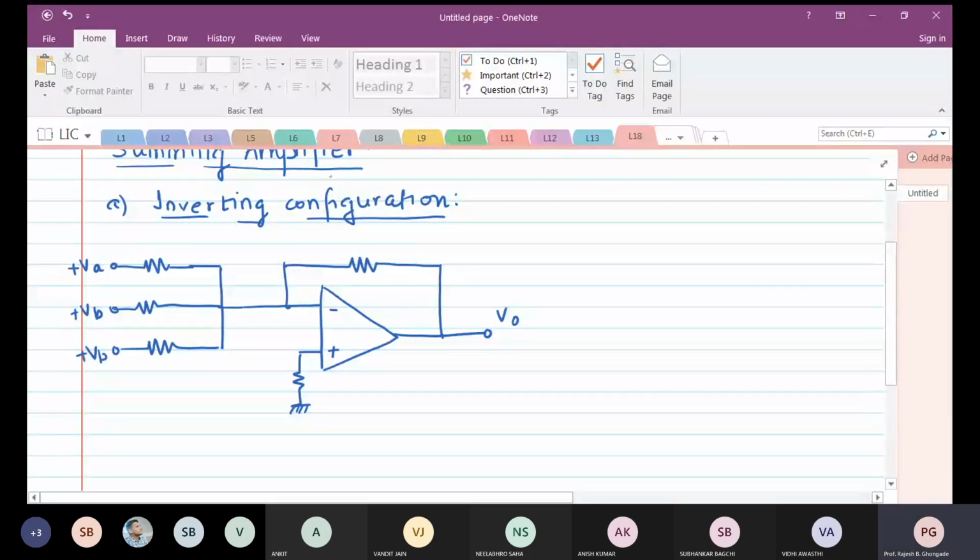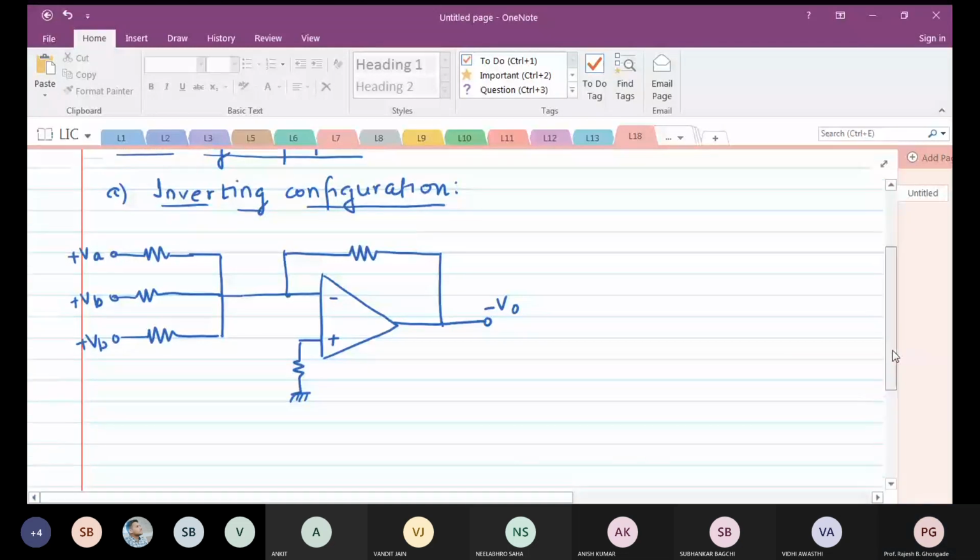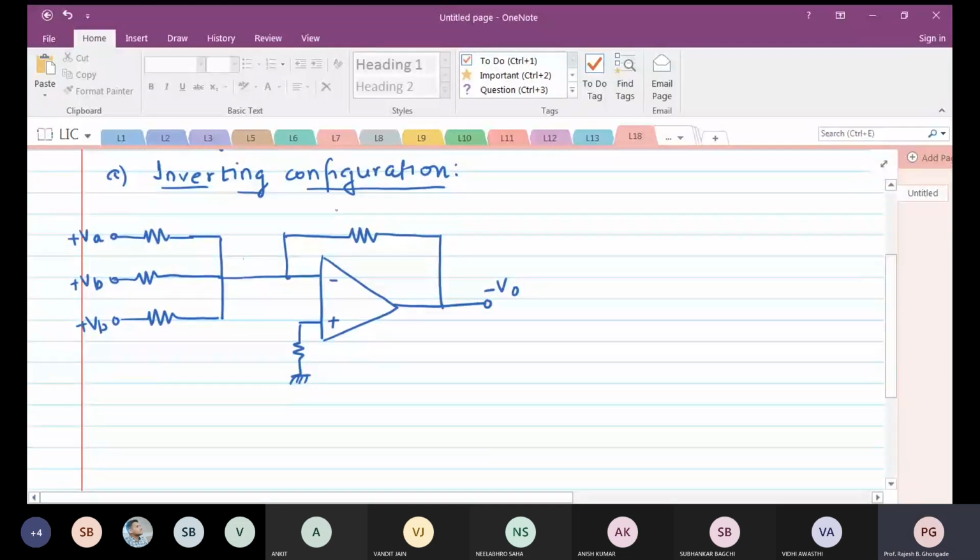And since it is an inverting amplifier, we are expecting that the output is going to be negative. This is the feedback resistor RF. Let us call the input resistors RA, RB, RC.